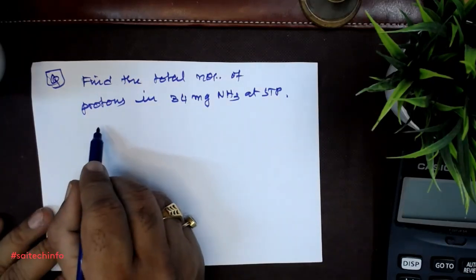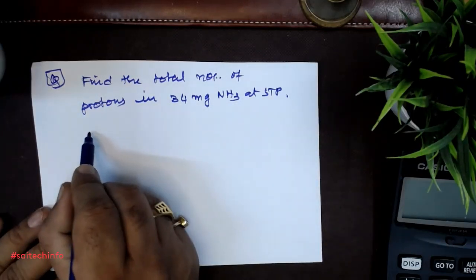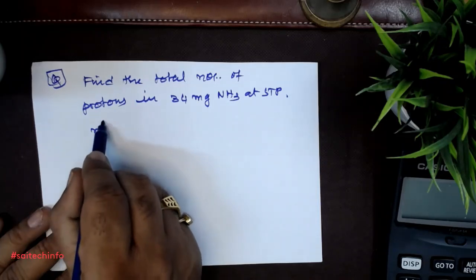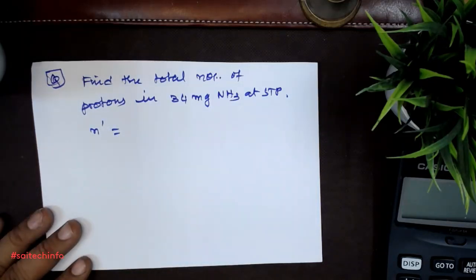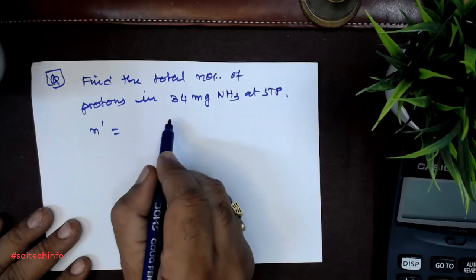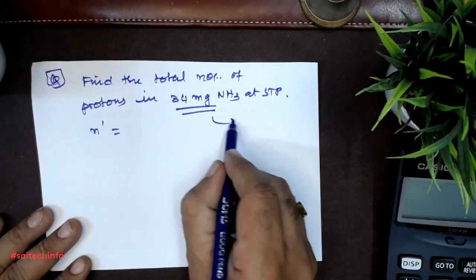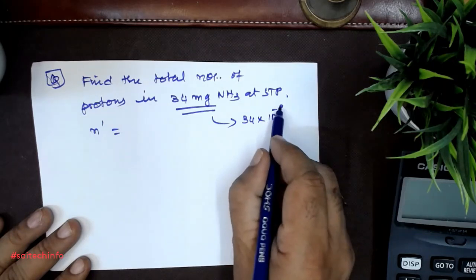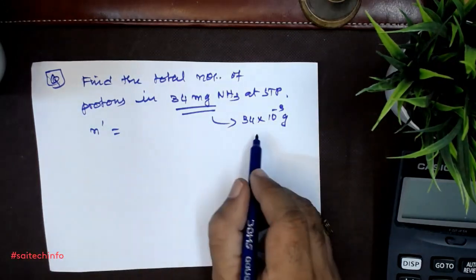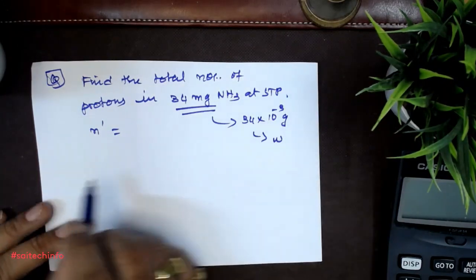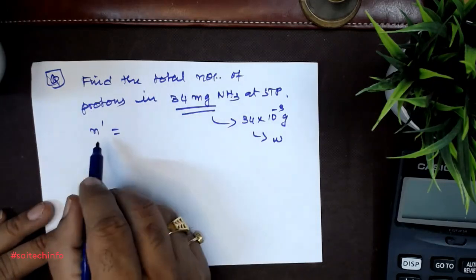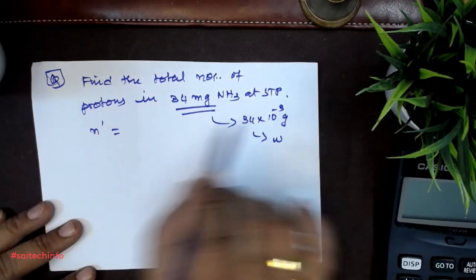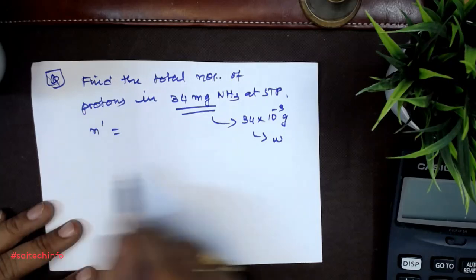First of all, we should be able to calculate the number of molecules present in 34 milligram. So 34 milligram can be converted into 34 into 10 power minus 3 gram. Okay, and this is the weight. Now, as I already mentioned, first we have to calculate the number of molecules of ammonia.